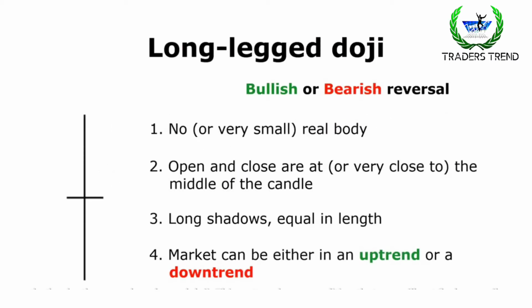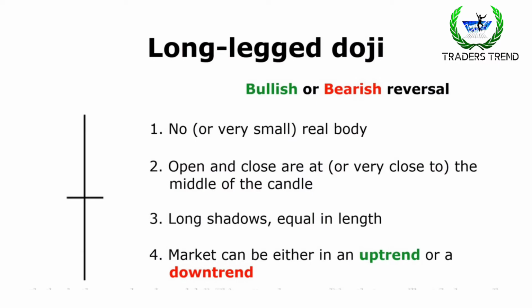And the next one is the long-legged doji. Long-legged doji is a reversal candle, either a bullish reversal or a bearish reversal. These are the four criteria to consider for the long-legged doji. The first one is no or a very small real body. The center line is the real body, a minimum small body. Then the open and the close are very close to the middle of the candle.